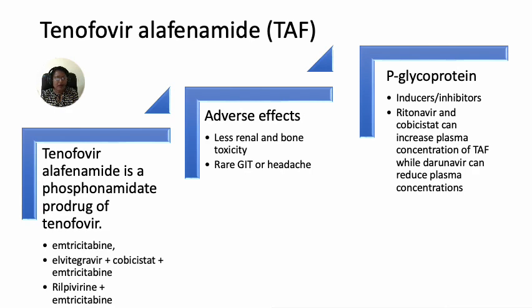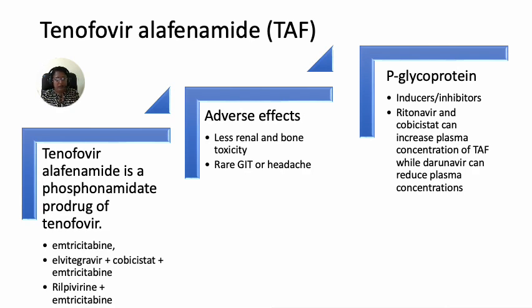Tenofovir alafenamide is a substrate for P-glycoprotein also, and levels of tenofovir can be affected by inhibitors or inducers of P-glycoprotein. Ritonavir and cobicistat can increase plasma concentration of this drug, while darunavir, for example, can reduce plasma concentration.